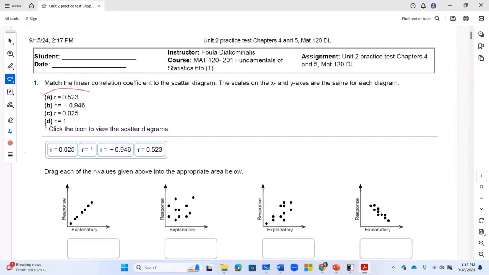All right, 0.523. I'm going to look for the one that is near the midpoint. Remember, it is positive 0.523. So let's go down and look at the scatter diagrams.